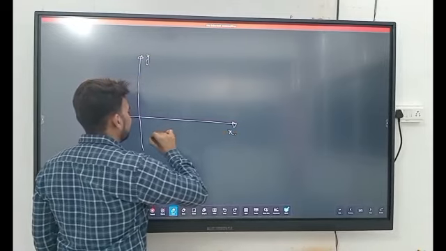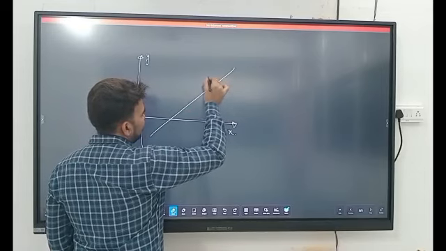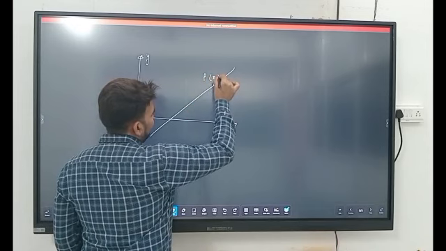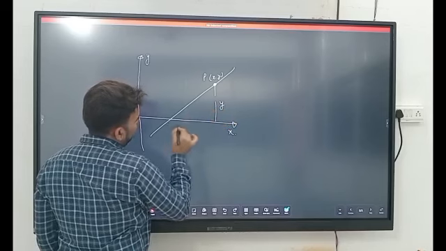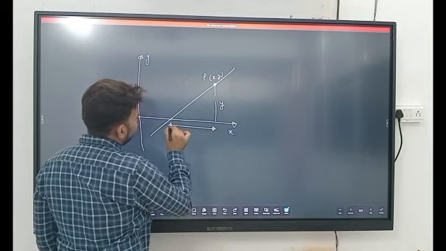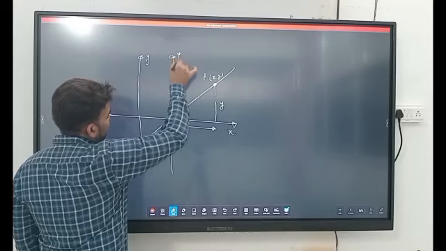In that case, if this is the line, and you are taking any position coordinate of any point P, and it has the coordinates x comma y, then this is the y and this is the x. If we take the origin here, that will be better. Let us suppose the y-axis was here.